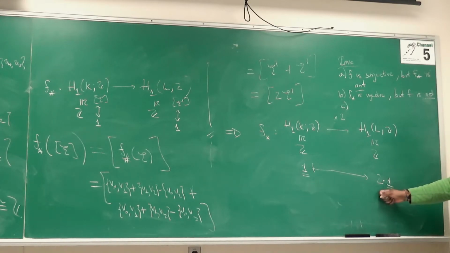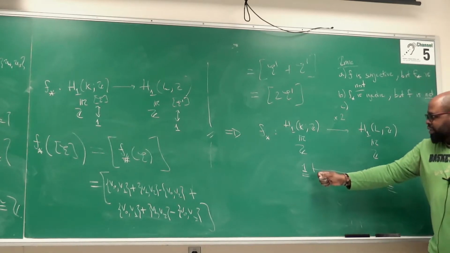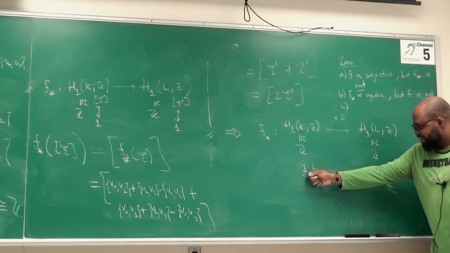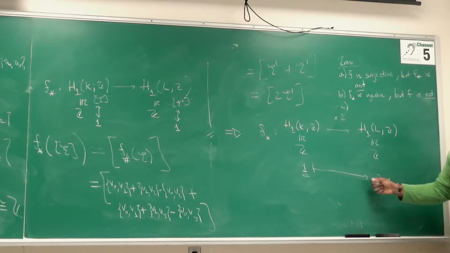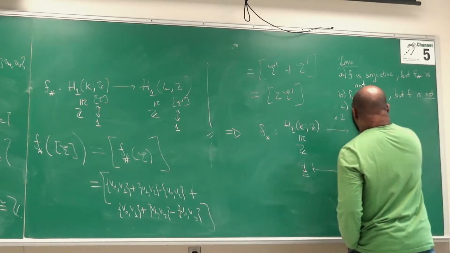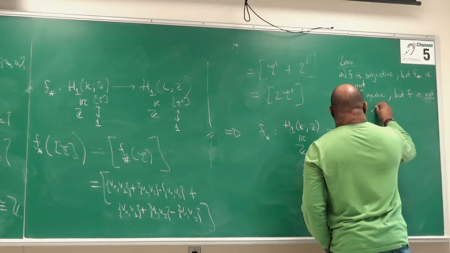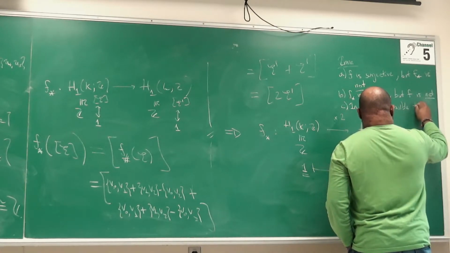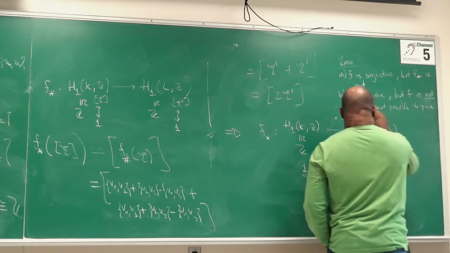You can only generate even numbers. It is not possible to generate 3, for example. So it is not possible to pick a basis element here and a basis element here so that basis elements either map to basis elements or to 0. Okay? So in Z, it is not possible to pick compatible bases.